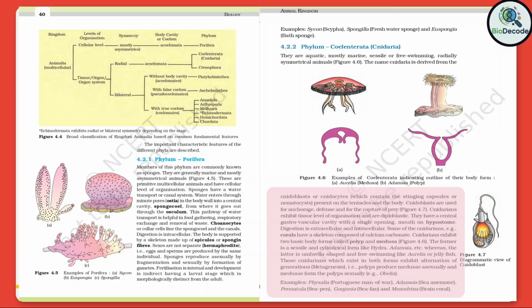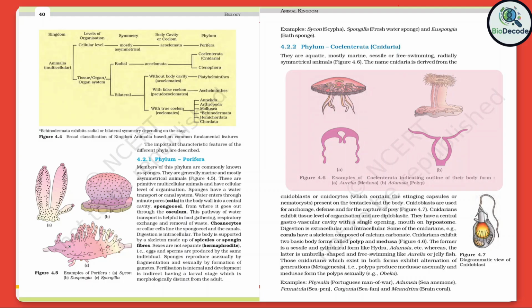That is, polyps produce medusae asexually, and medusae form the polyps sexually, for example, Obelia. Examples: Physalia (Portuguese man of war), Adamsia (sea anemone), Pennatula (sea pen), Gorgonia (sea fan), and Meandrina (brain coral).